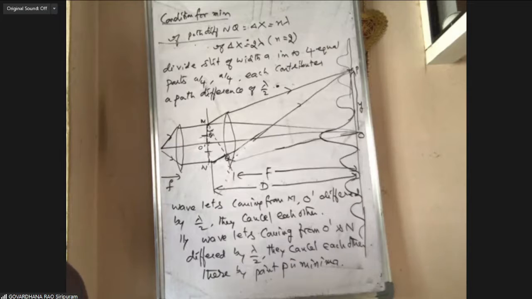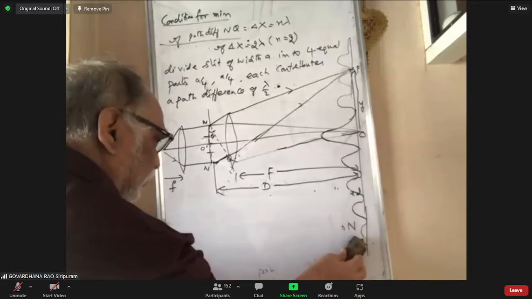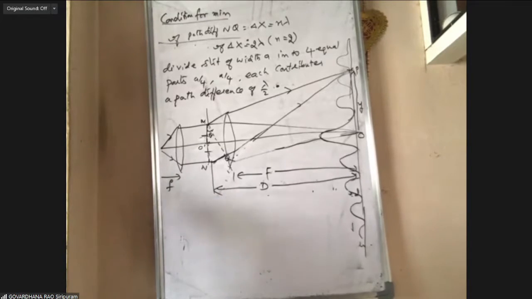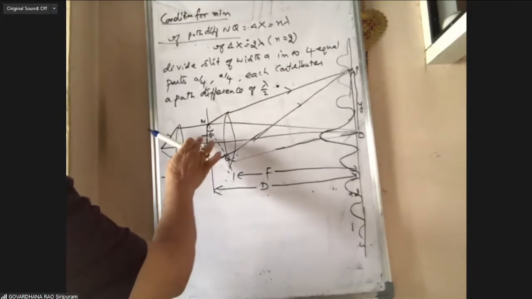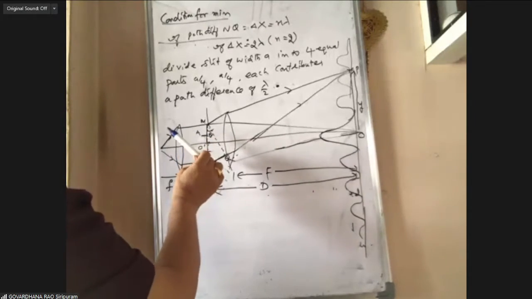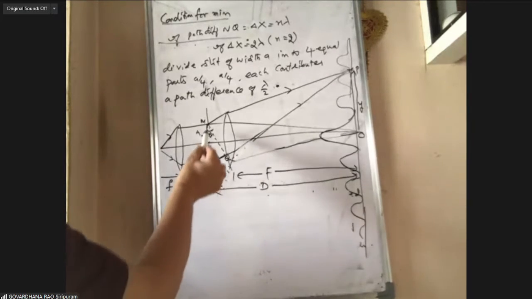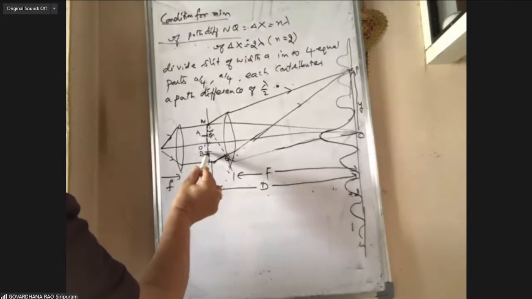So wavelets coming from, this is M and now A, B. Now we divide into 4 parts. See, MA equal to AO dash equal to O dash B and BN.